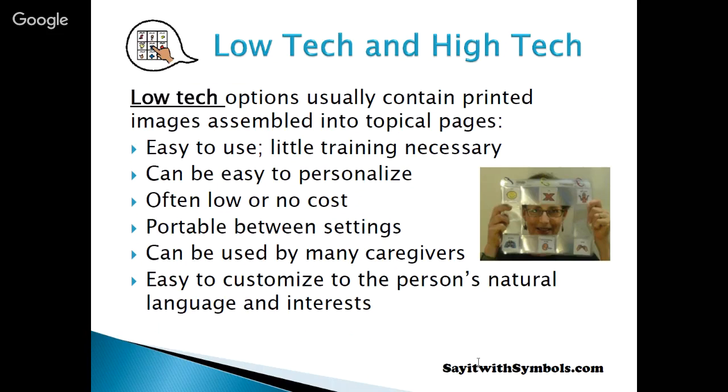They're often easy to customize in the person's natural language and with their interests. You simply write the words or the language and put in pictures of family members or things that the person really likes. The picture here is an eye gaze tool for people who have limited head motion and hand motion, but can communicate with their eyes.